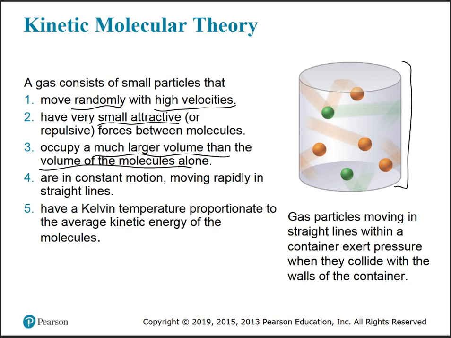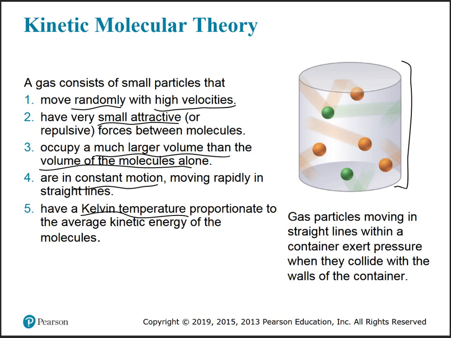Gas particles, like toddlers, are in constant motion and they move rapidly in straight lines. Maybe the toddlers don't move in straight lines, but constant, fast, random motion. We use the Kelvin temperature to talk about the average kinetic energy of molecules.